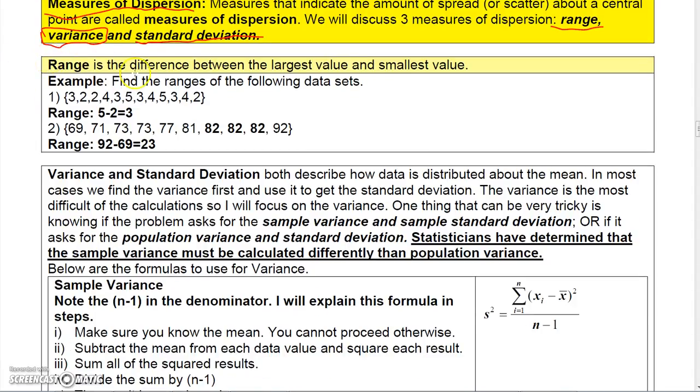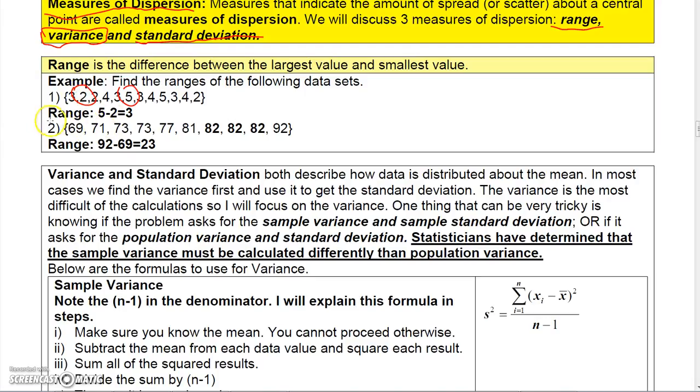The range is actually the difference between the largest value and the smallest value. So all you have to do to find the range is find the largest value. The largest value I see in this data set is 5, and the smallest value that occurs is 2.